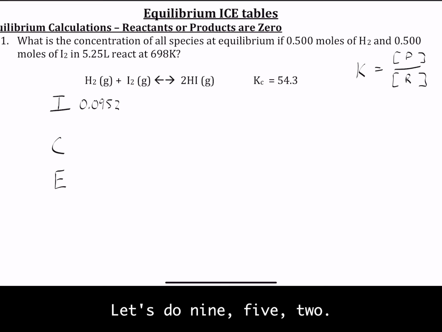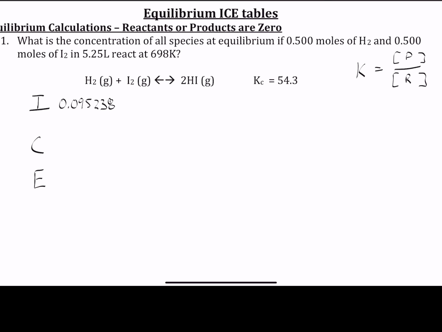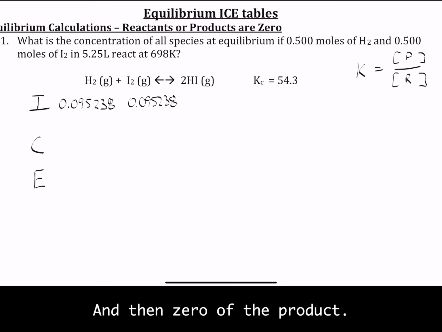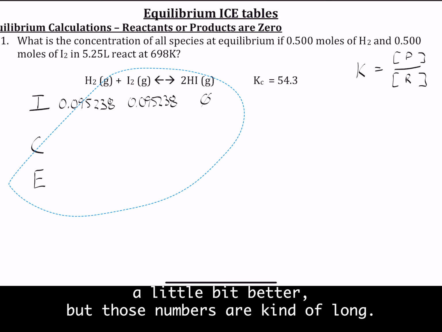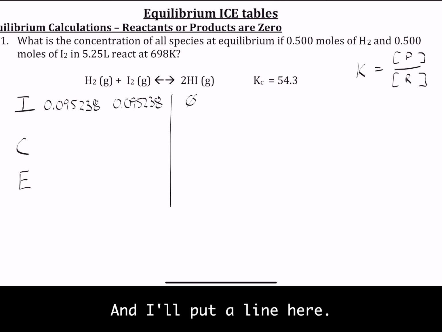Let's do 0.0952. And then 0 of the product. Usually I try to line this up a little bit better, but those numbers are kind of long. Then I'll put a line here.